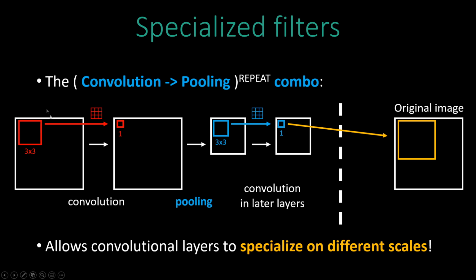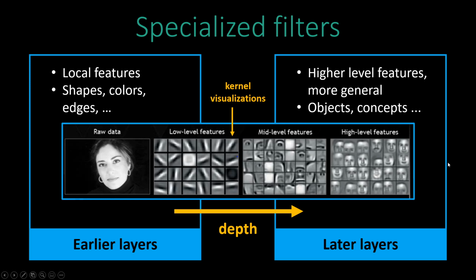And sort of the deeper we get in this convolution to pooling combo, the larger area this 1 pixel would represent. Okay, and so there are different ways to visualize this. We can start with this one, which shows the kernel visualizations for different convolutions.